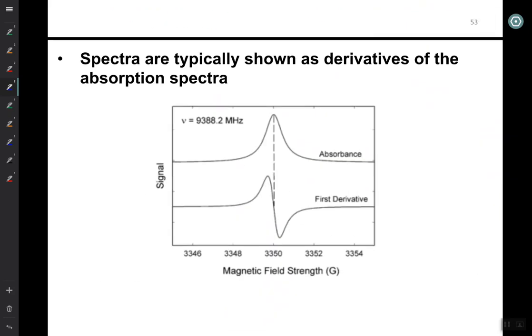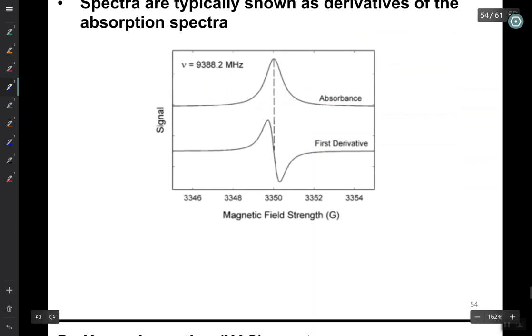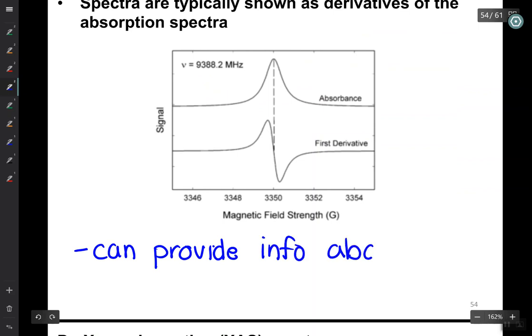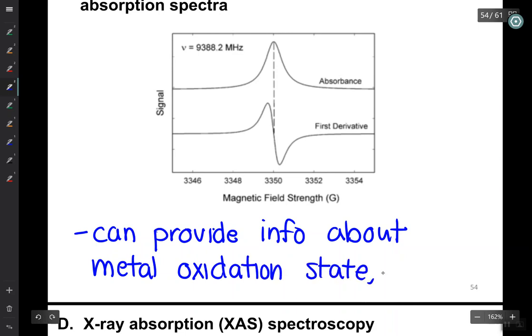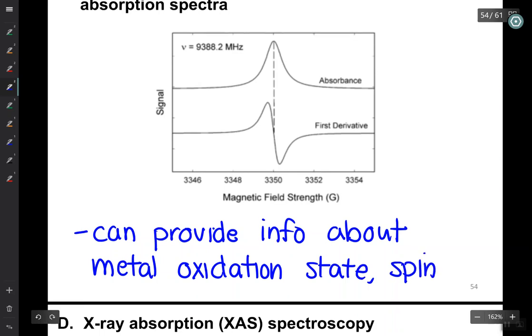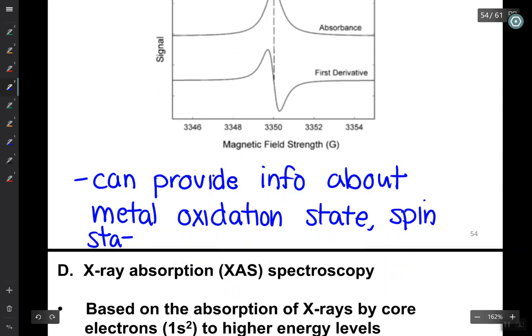So yeah, spectra are typically shown as derivatives of absorption spectra, and can provide information about metal oxidation state, spin state, and electronic environment.